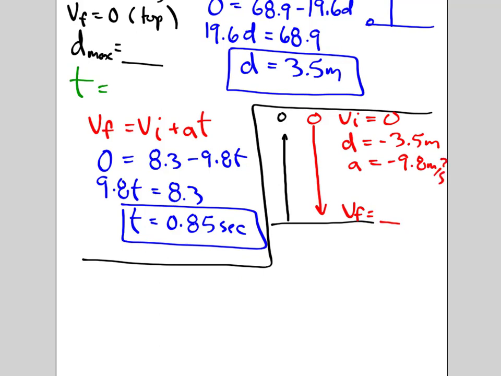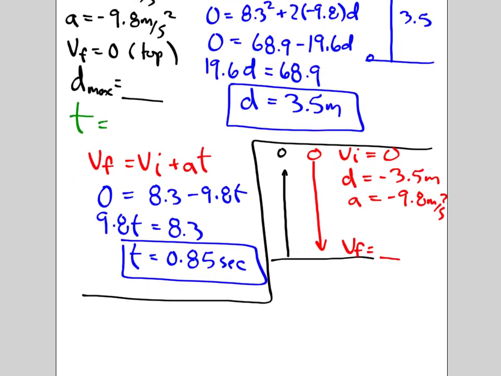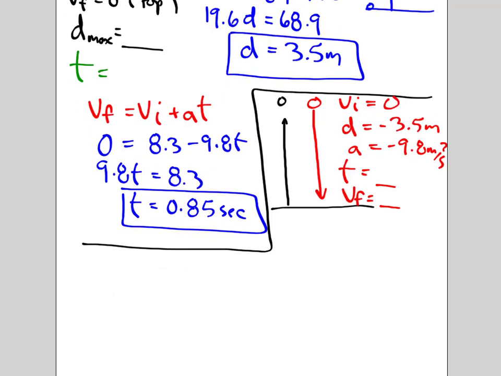And we are looking for time. Okay, and then maybe in the next question we'll find the final velocity. You'll see there's some interesting little patterns here. So if I want to find the time for it to fall back down to the ground, again, I'm looking at d equals v_i t plus 1/2 a t squared.